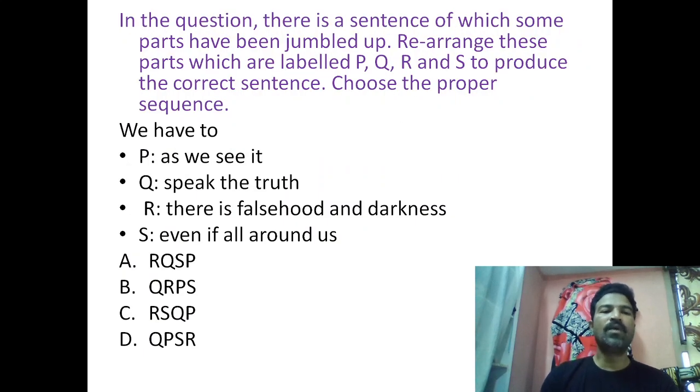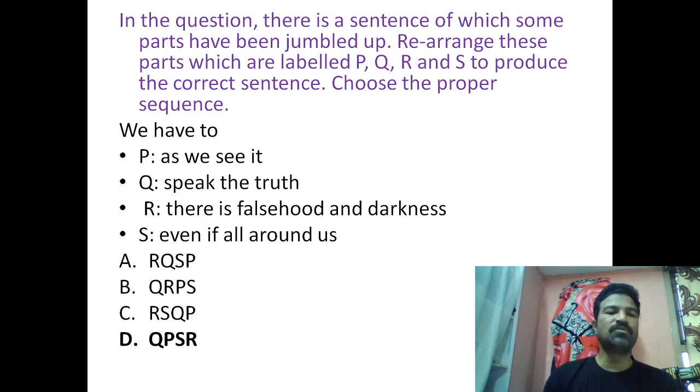We have the beginning of the paragraph, and we have to put the rest of the sentences, which are split into P, Q, R, S. The time begins now. The correct option is option D, QPSR.